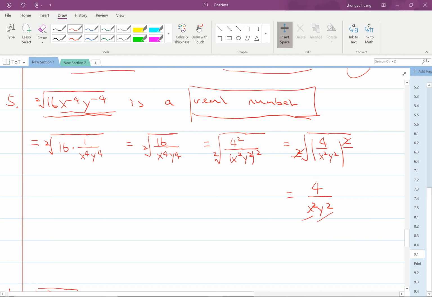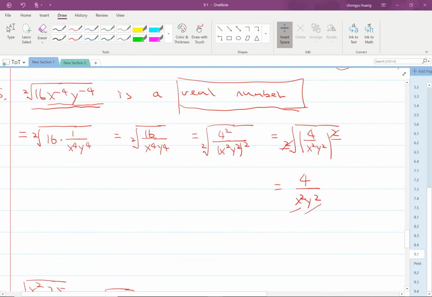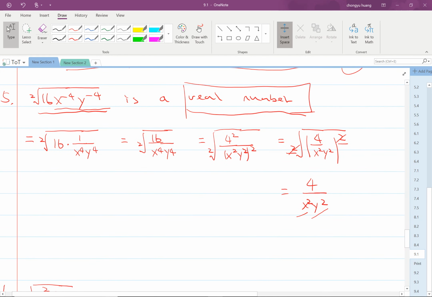Since you know that x squared and y squared, the statement down below has to be bigger than or equal to 0. That's what you know, right? Because both of them are x to the power 2, you know they have to be bigger than or equal to 0, right? So this is actually a real number.